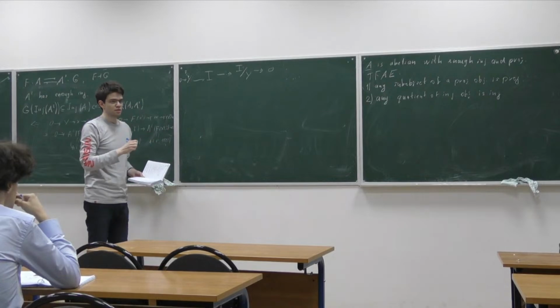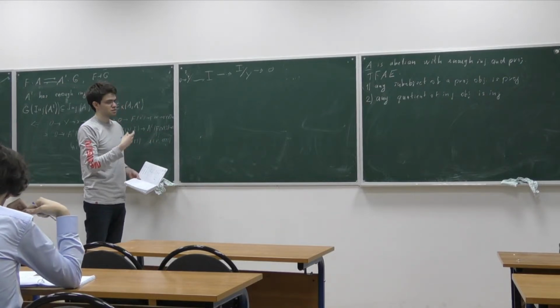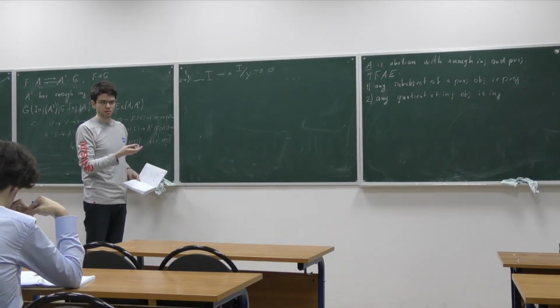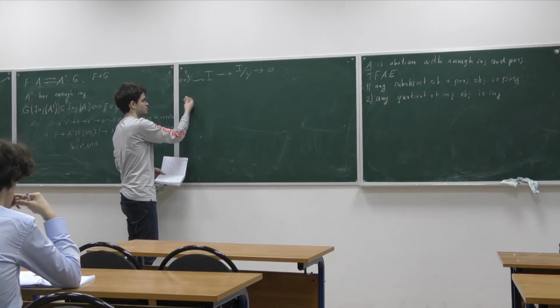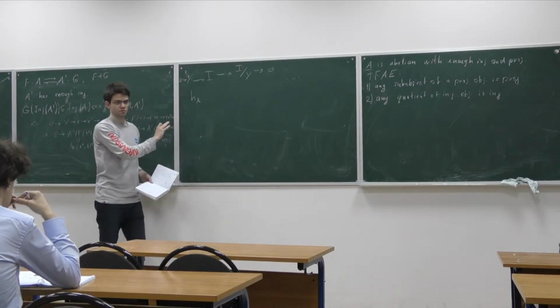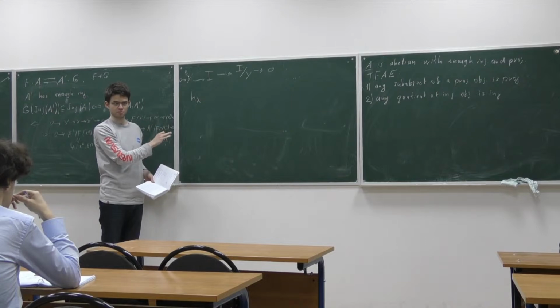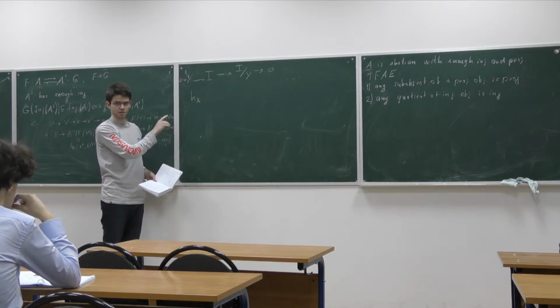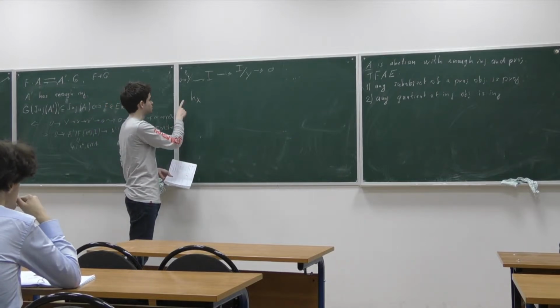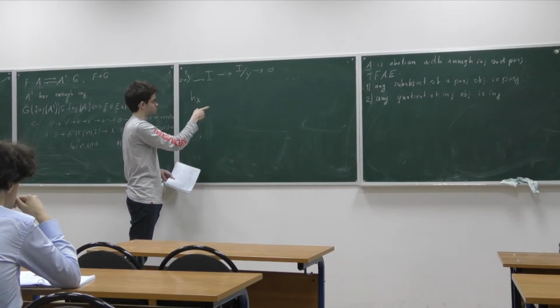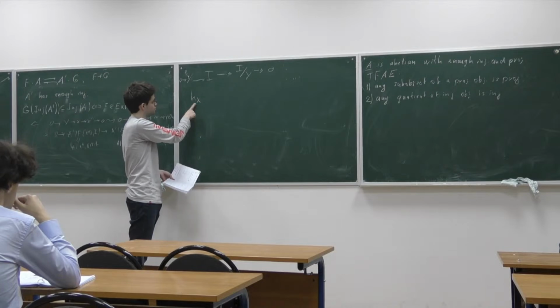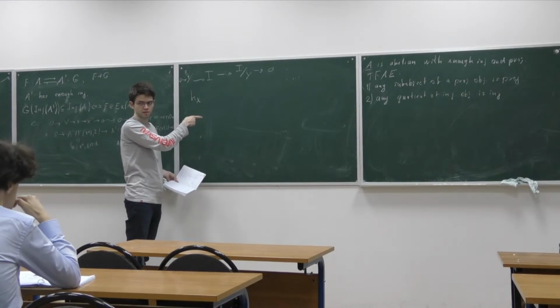Right, and if we take just some object in the category, let's consider this functor for some arbitrary object right now. We will consider it for projective, but now let's consider it for an arbitrary object. We know that this functor is covariant and left exact.